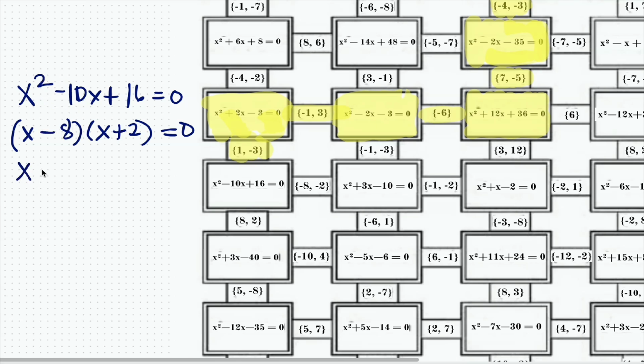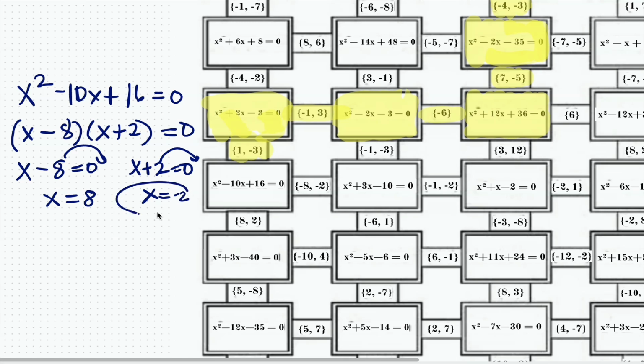The answer would be x minus 8 equals 0, x plus 2 equals 0, and then x equals positive 8, also x equals negative 2.